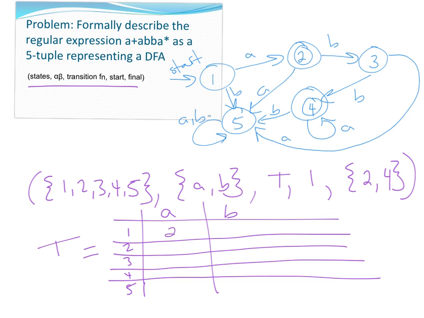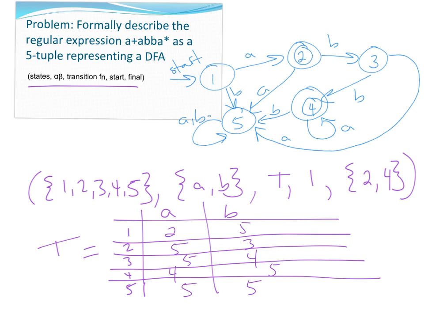And if we are at 1 and we see B, we go to 5. 2A is 5, 2B is 3. 3A is 5, 3B is 4. 4A is 4. 4B is 5, and 5A and B go to 5.